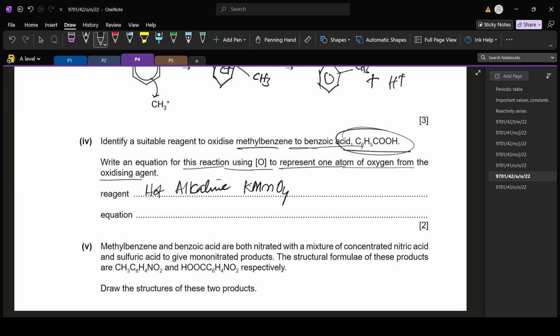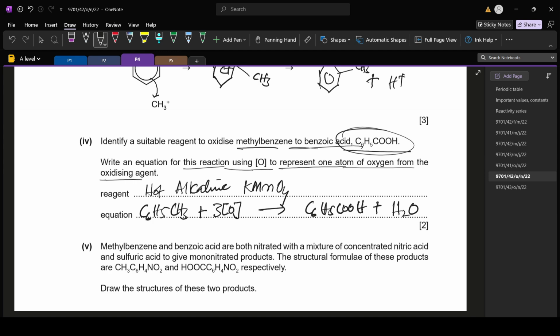Okay, and the equation for this reaction is C6H5CH3. So this methyl benzene reacts with O, the oxidizing agent, which is KMnO4, to form benzoic acid and water. Okay, now you have to balance the O. There are three O's. So this is your balanced equation.